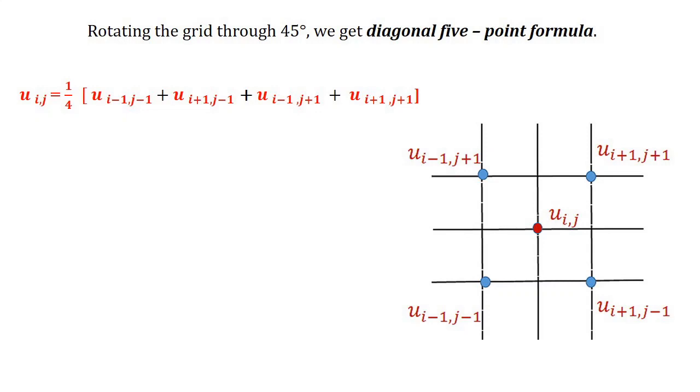The corresponding equation is the diagonal 5-point formula. It is evident from the figure why the name diagonal comes. Remember that the error in the diagonal formula is 4 times that in the standard formula. Hence, in all computations, we usually prefer the standard 5-point formula whenever possible.